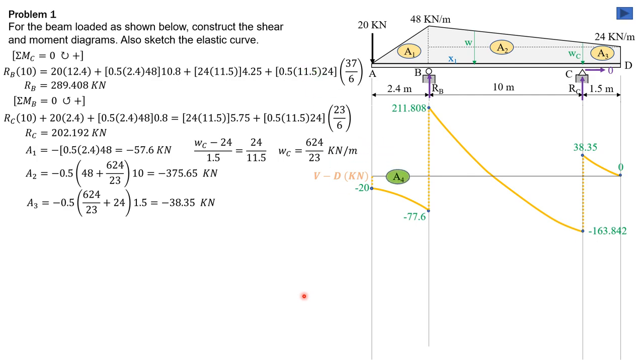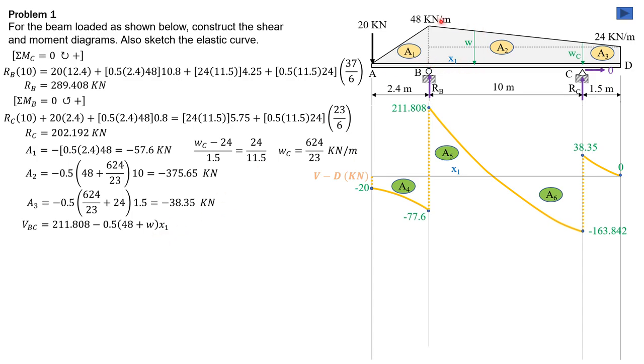Then let's proceed to the moment diagram construction. We will call this area 4, this one area 5 at distance x sub 1 where shear is 0, then area 6, then that one is area 7. So shear in BC is 211.808 minus the area of this trapezoid, which is 0.5 of quantity 48 plus W, and W is to be solved later, times distance between them, x sub 1.